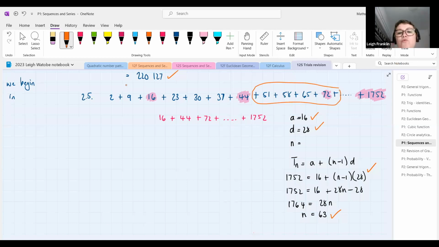It didn't really help us. I just wanted you to see what was emerging from this. So yes, once you'd got the first 2 terms, that's really all you needed, because you need the A, and then you can use the second term and the first term to work out what the difference is. Does that make sense?